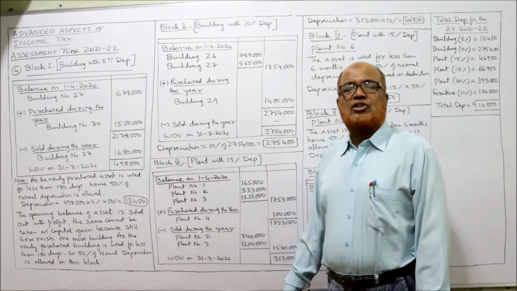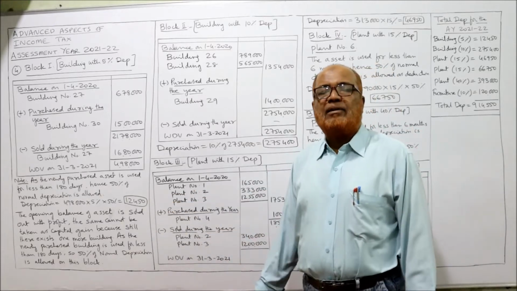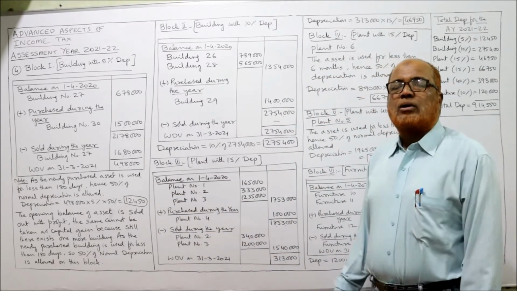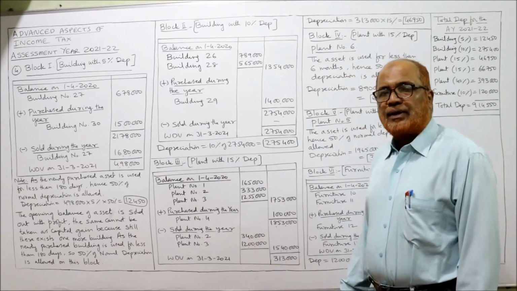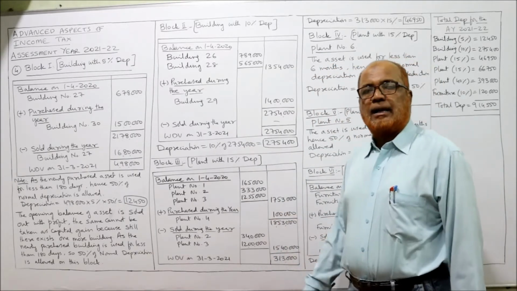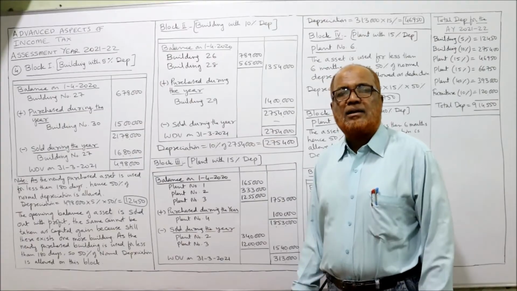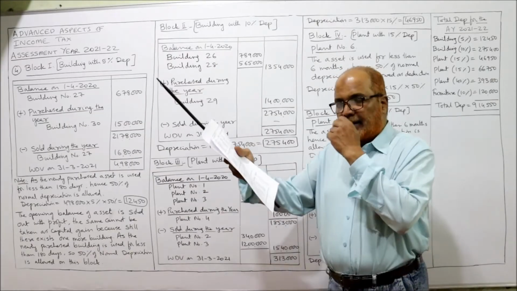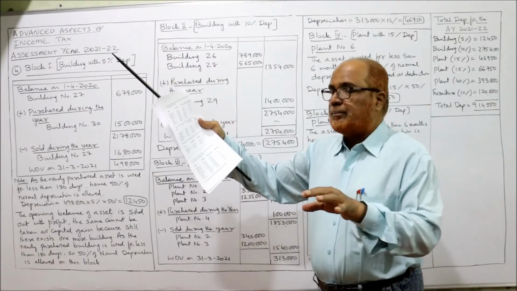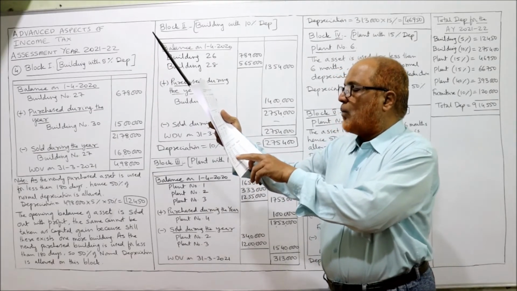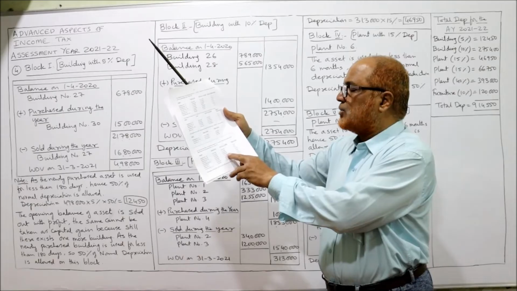Two blocks completed. Block number 1, building with 5% depreciation. Block number 2, building with 10% depreciation. Now block number 3, plant with 15% depreciation. In the opening balances, see which are the plants with 15% depreciation. Plant number 1, 1,65,000.